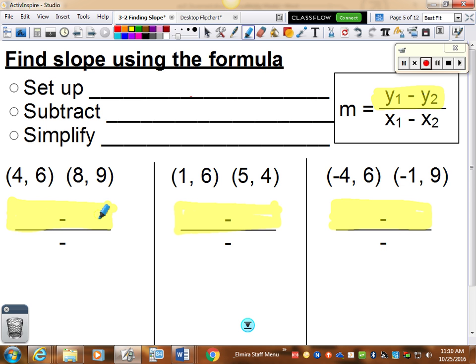That represents y values. Which numbers are the y values? The y values are always the second numbers. First numbers are always x's, the second numbers are always y's.